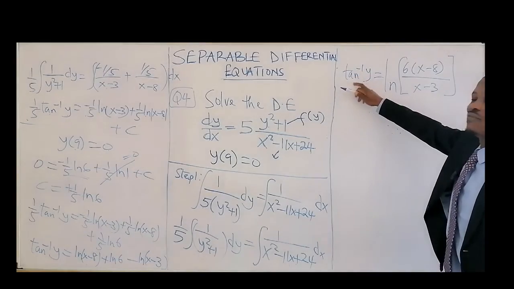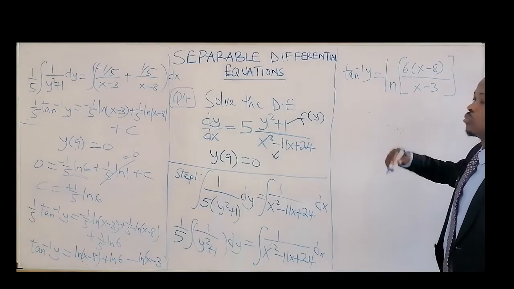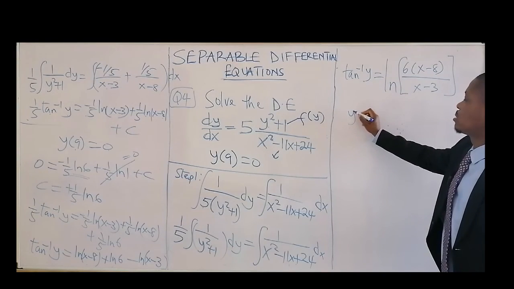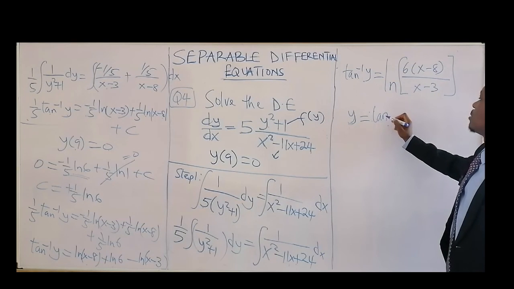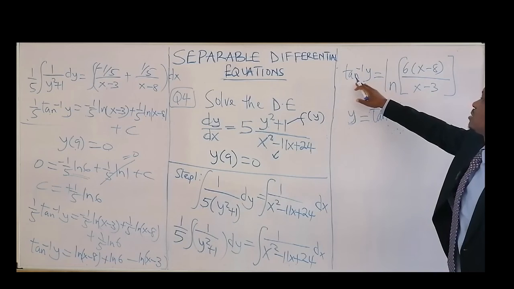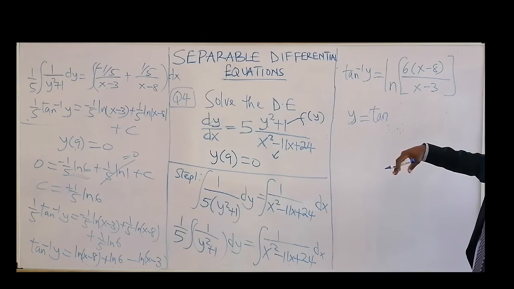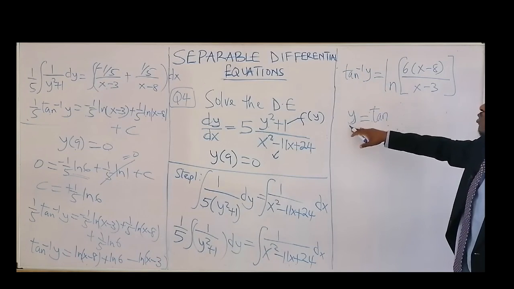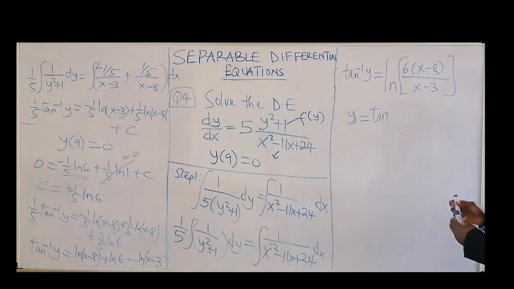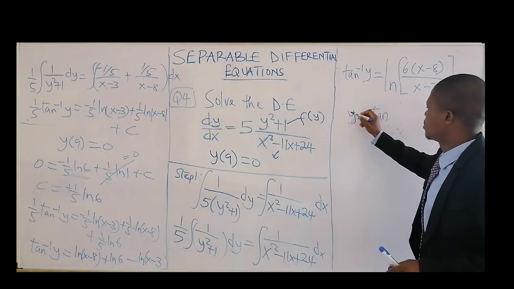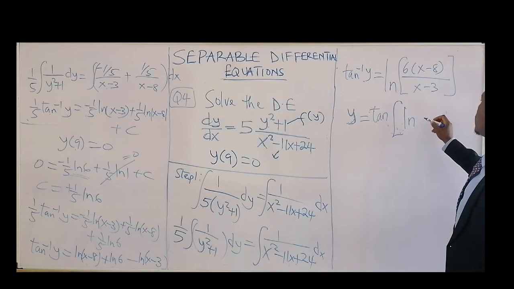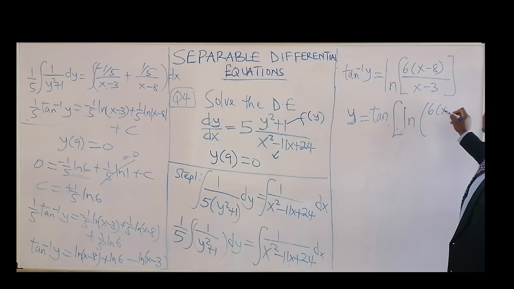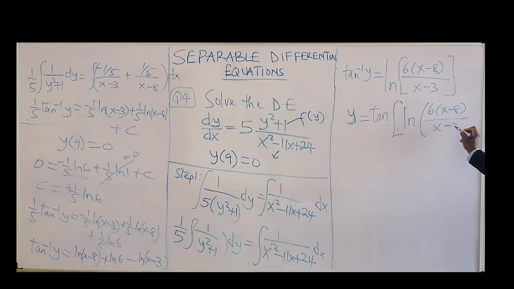To negate this inverse function, you take tan of both sides, and that will be y. So y is equal to tan of ln of 6 into bracket x minus 8 all over x minus 3. So that's that on that question. That finished the question.